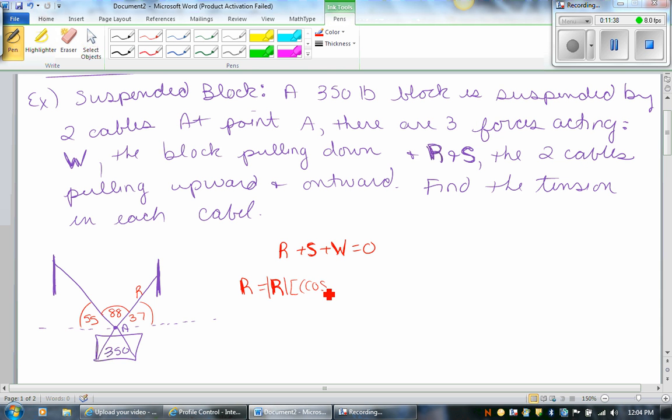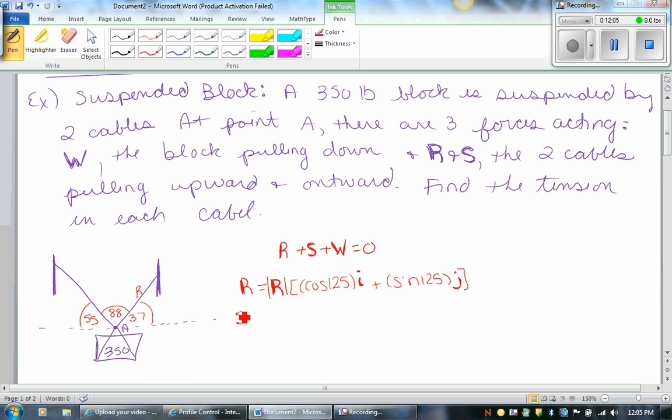So we're going to say cosine of 125, where I'm getting 125 from this 37 plus 88, this angle here, and we're going to use i because that's my horizontal, plus sine of 125 j, which is my vertical.